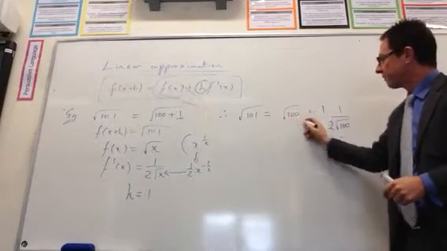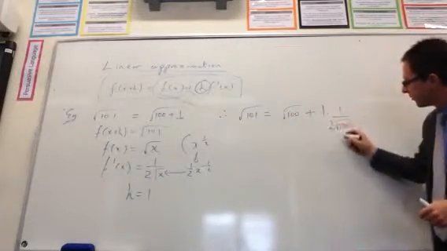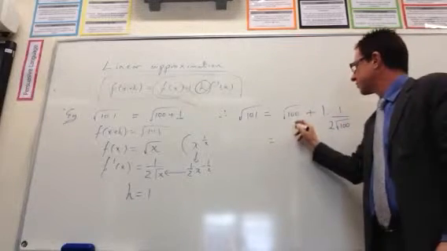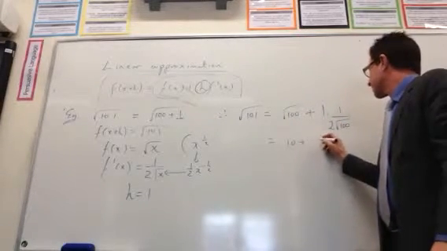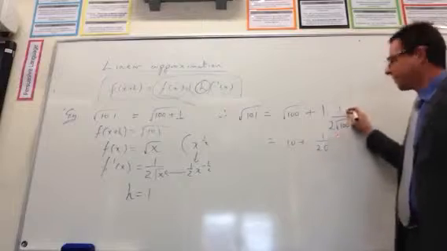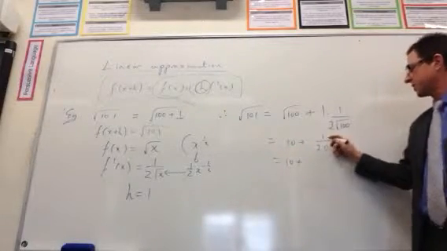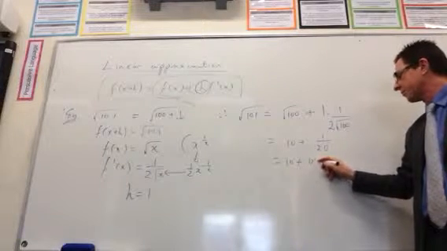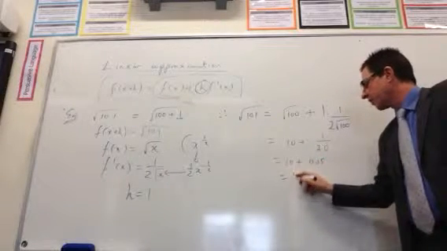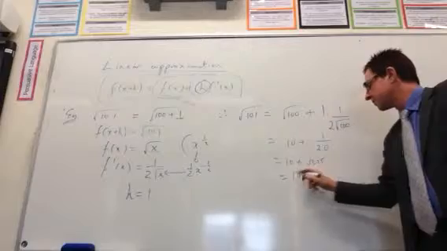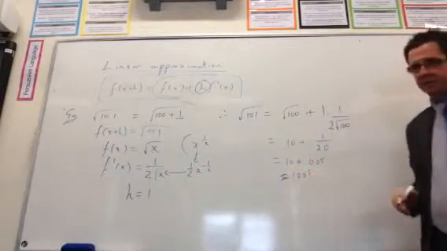So there's my main value, there's my derivative value, there's my h. If I do this, I get 10 plus 1 over 20. Let's decimalize: 1 over 20 is 0.05. So my approximate answer is 10.05.